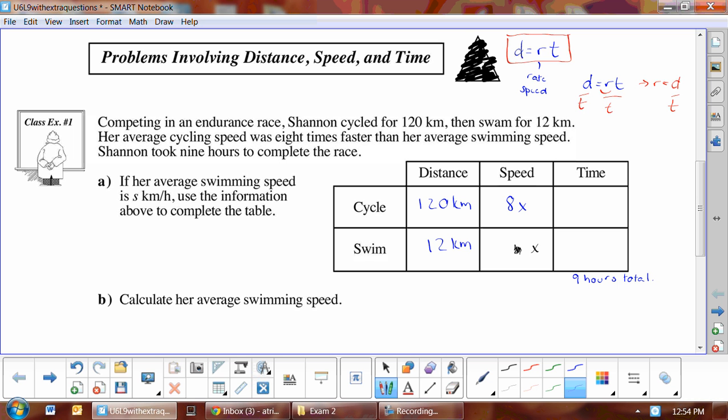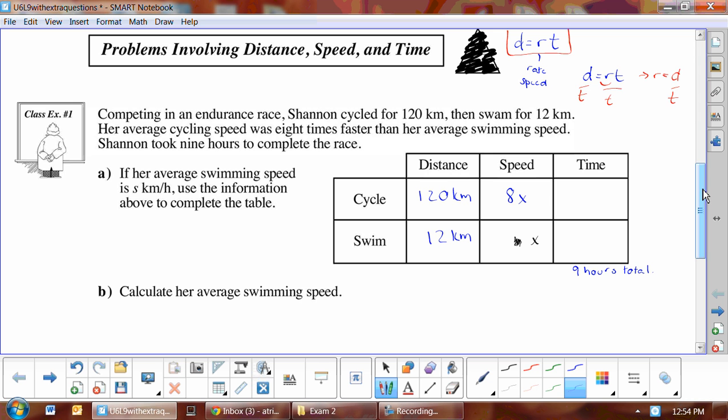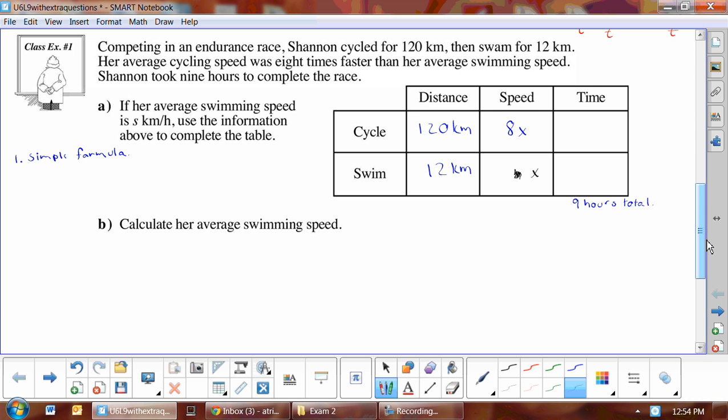Okay, so there's a couple different steps to solving these problems. So the first step is come up with your simple formula. So what they're asking us to do is calculate the average swimming speed. We don't know a whole lot about what's going on here, but one thing we do know is that the total time is 9 hours.